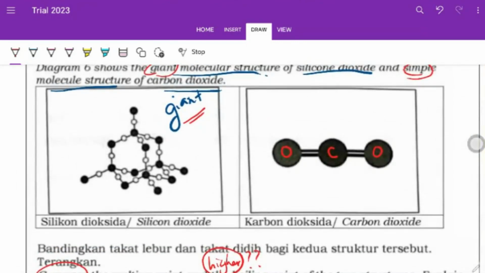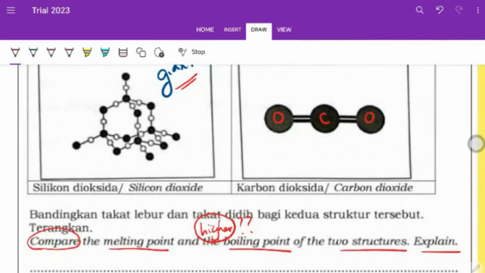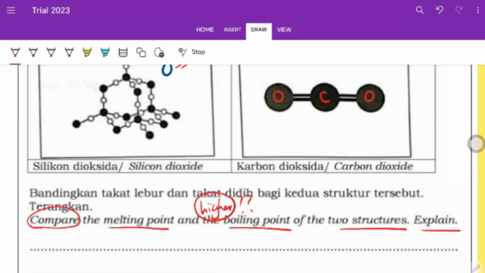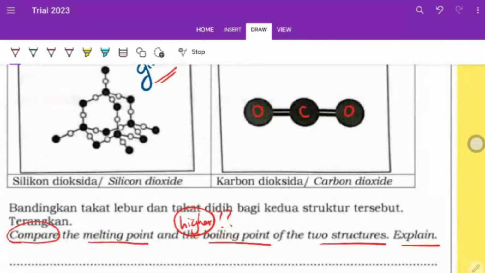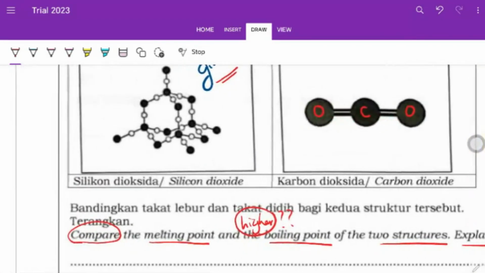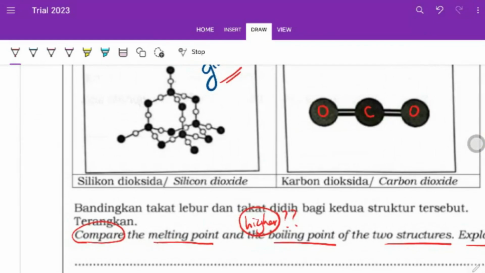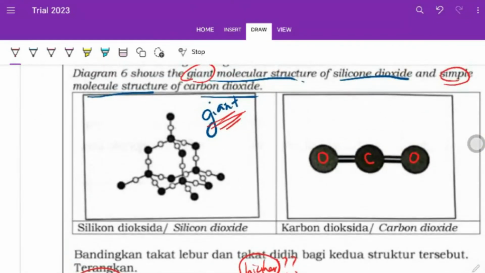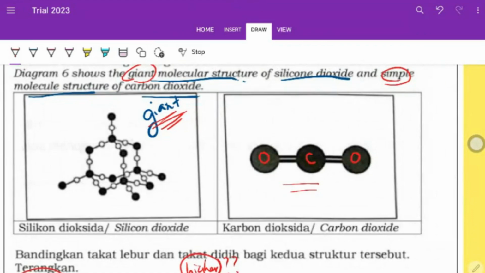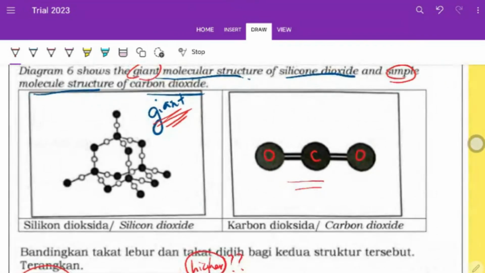Giant, this one should have higher melting and boiling point compared to the carbon dioxide, right? Okay. So if during the exam you forgot how to explain the giant one, then we go to explain the lower one, right? Simple one. Simple one is what? Covalent bond, right? Covalent, we learned already, it has lower melting point or boiling point.